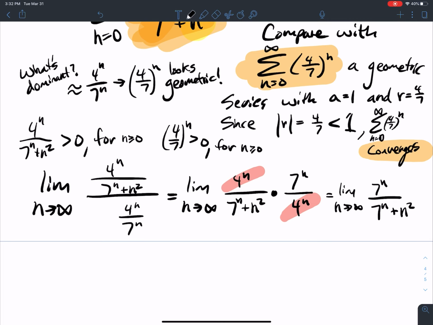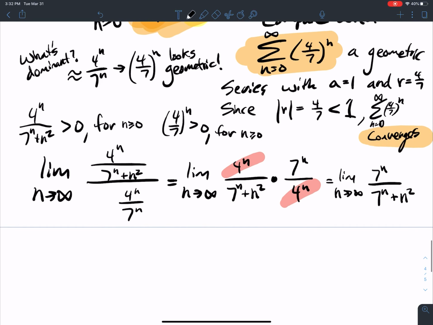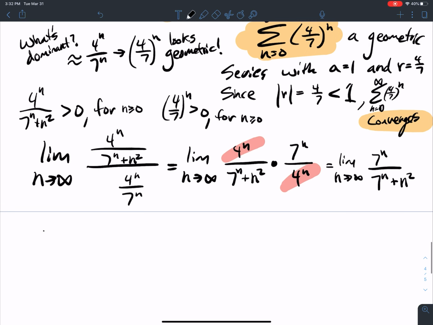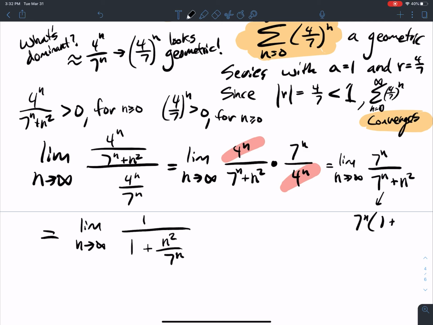If I use a little bit of algebra, I can factor out the 7 to the n in the numerator and the denominator and cancel. And so I get 1 over 1 plus n squared over 7 to the n. Do y'all see what happened there? I can factor a 7 to the n out, and that leaves me a 1 plus n squared over 7 to the n.